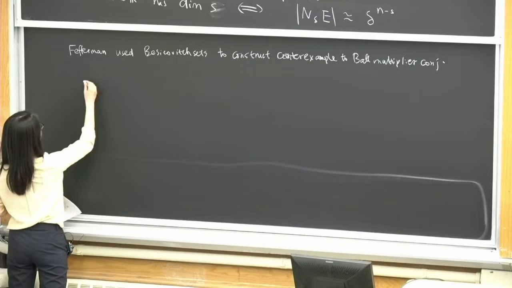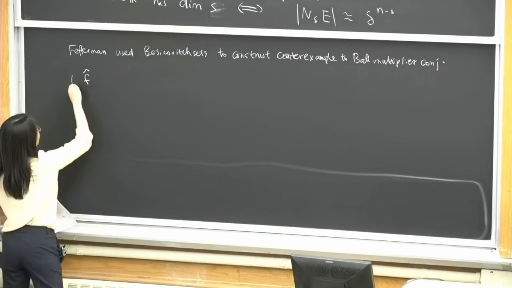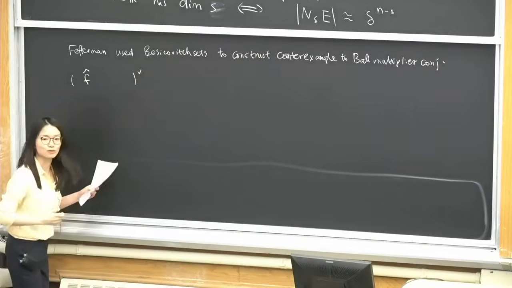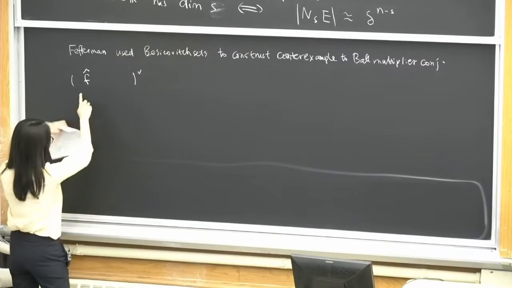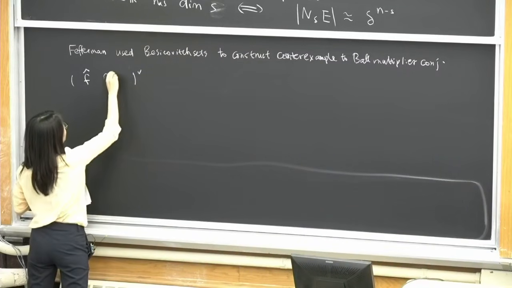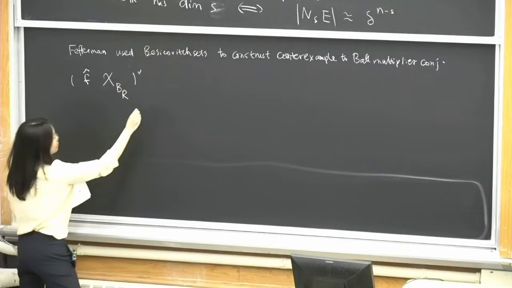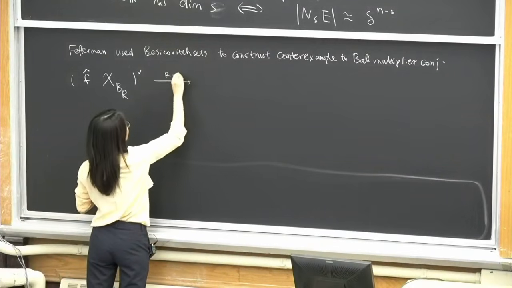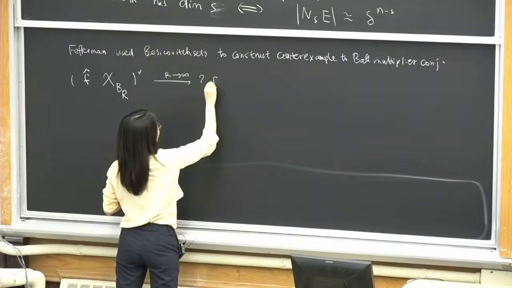So this is about the convergence of the Fourier transform. For instance, we have a function, and then we take its Fourier transform, and then we take the inverse Fourier transform. We know that it should recover the function. But the question is, if you take the Fourier transform and restrict it to a large ball and let the radius of the ball go to infinity, does it still converge to f?